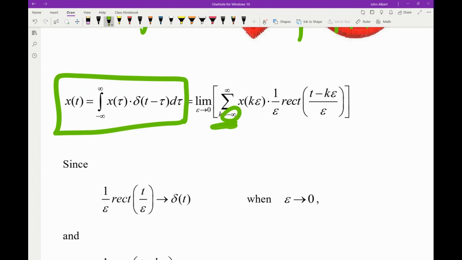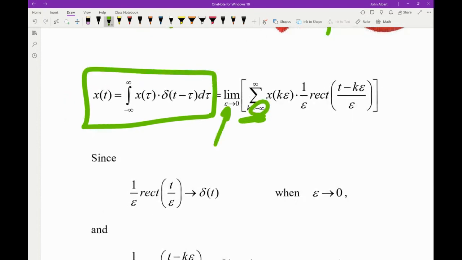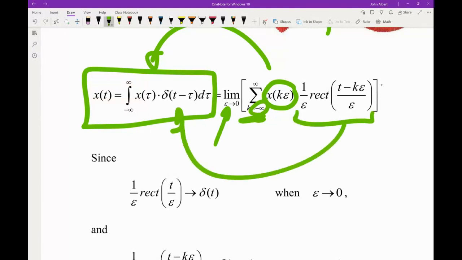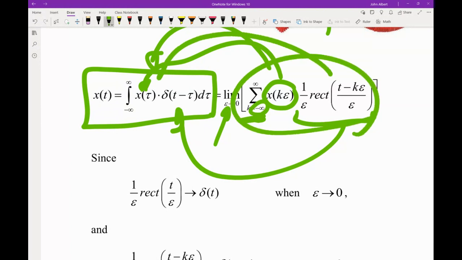In the limit, as the width of the rectangle approaches 0, I'll go from here to here. Now, what do I have in there? I have the value of the function x, evaluated at k multiplied by epsilon, multiplied by a rectangle. This basically simulates the impulse, and this simulates the value of the function at different values. As epsilon approaches 0, trust me on this, this becomes equal to this thing.